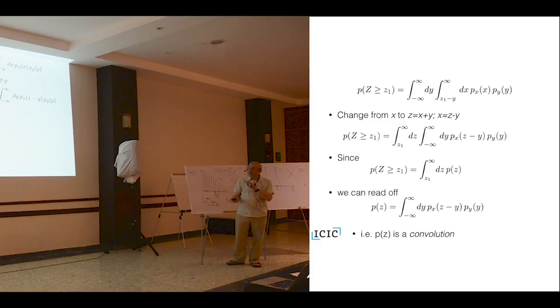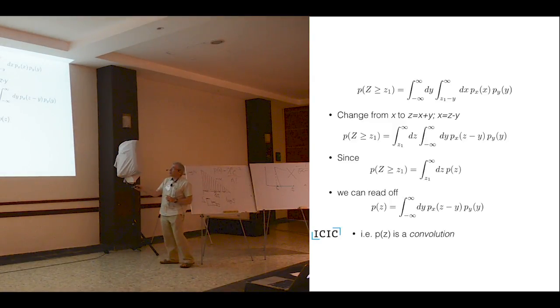Alright, so by writing down this cumulative probability distribution, the probability of being larger than z1, we can infer what the probability density function for p of z is. Because by definition, the cumulative probability distribution is the integral from z1 to infinity. Sorry, I think I've made a mistake with one of these limits.